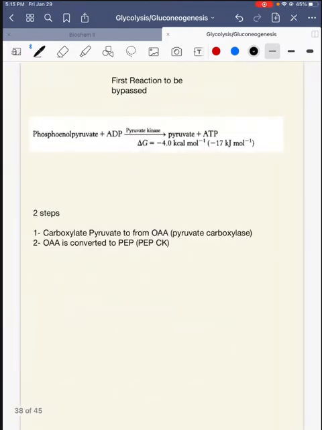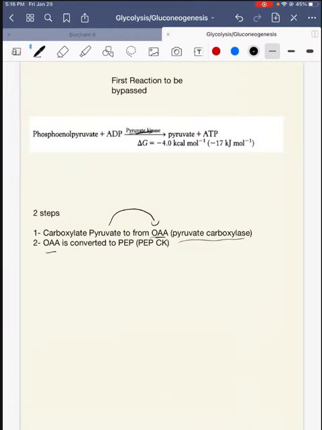Okay, so the first reaction we need to bypass is pyruvate kinase, and this is done by two different steps. So we take pyruvate and convert it into oxaloacetate. If you see OAA, this just stands for oxaloacetate. It's easier to spell it. So it's done in two steps. We convert pyruvate to oxaloacetate, and this is done by pyruvate carboxylase.